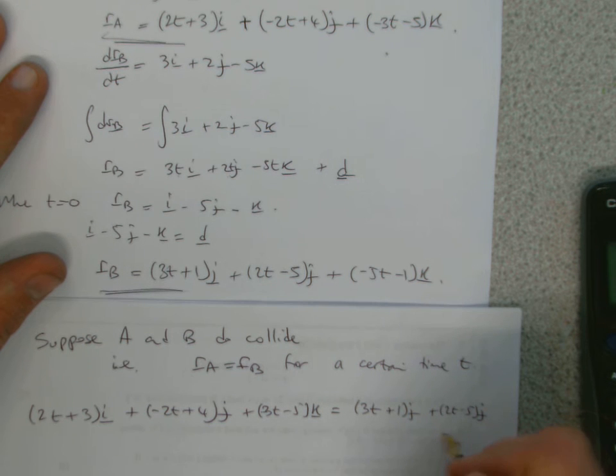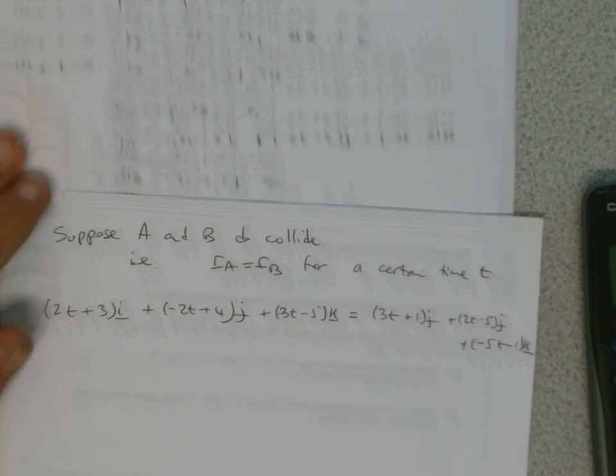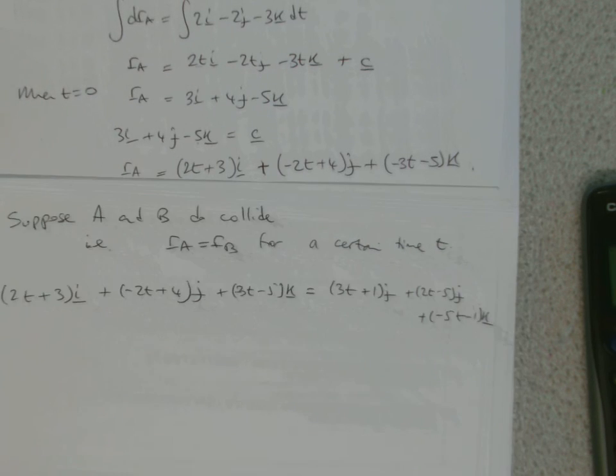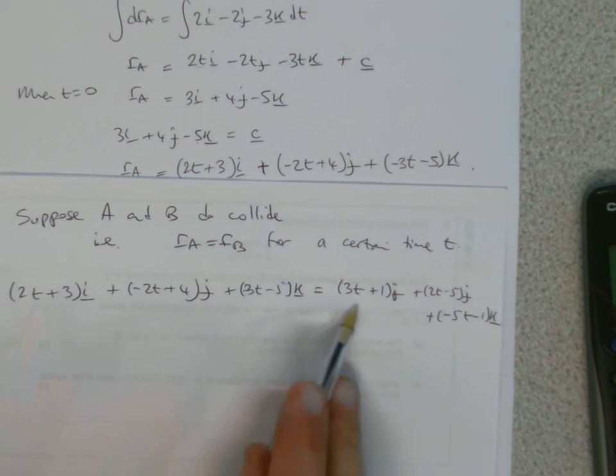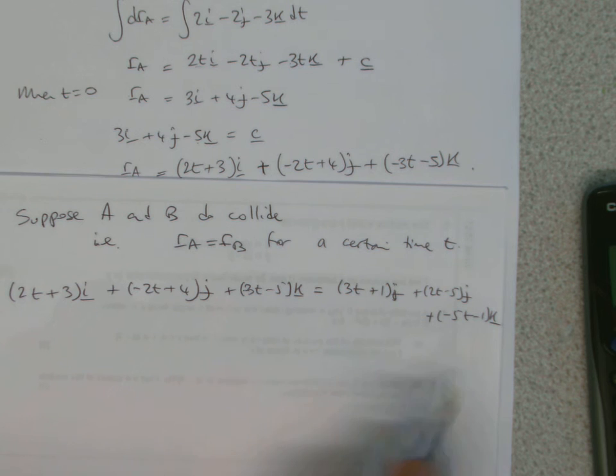I'm not going to quite fit this on. Now if they're equal, easily done now, you can just equate the i's, equate the j's, equate the k's.